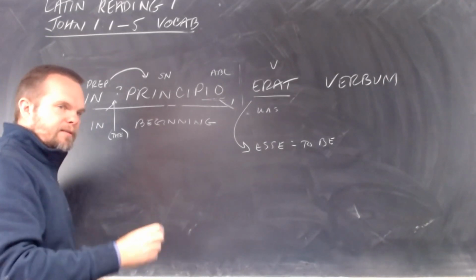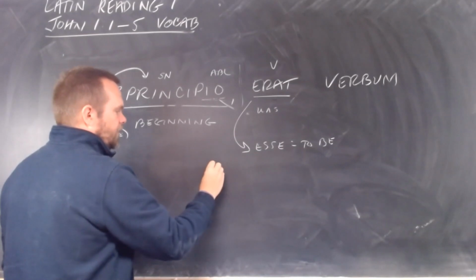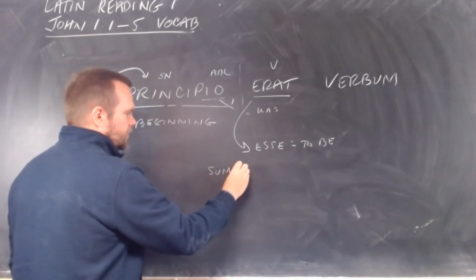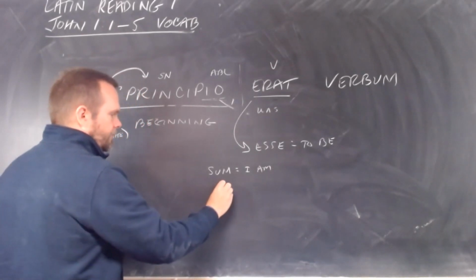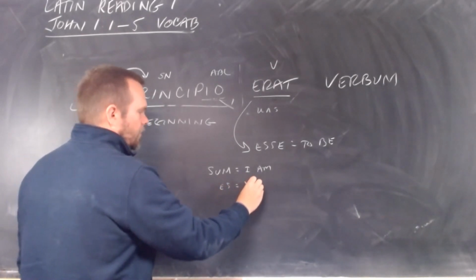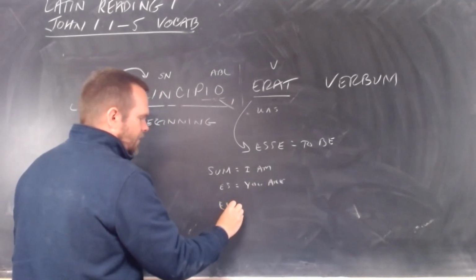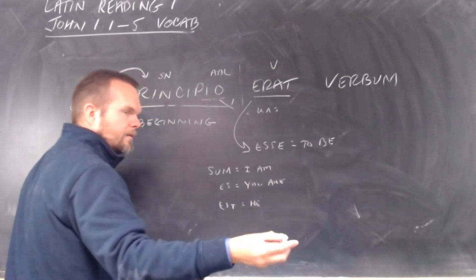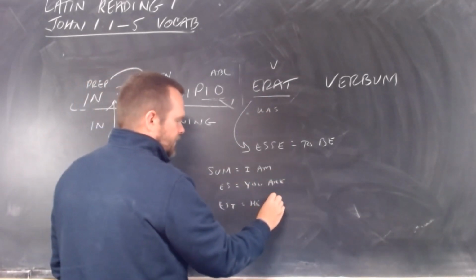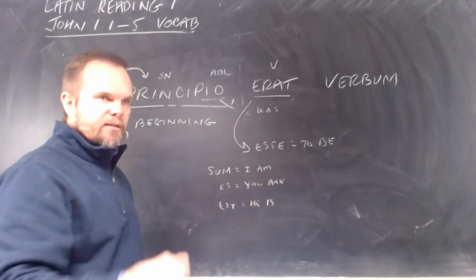In the present tense, this verb to be has these forms. Sum means I am. Es means you are. Est means he or she or it, some third person, is. I'll just write he is. But he there represents any person.